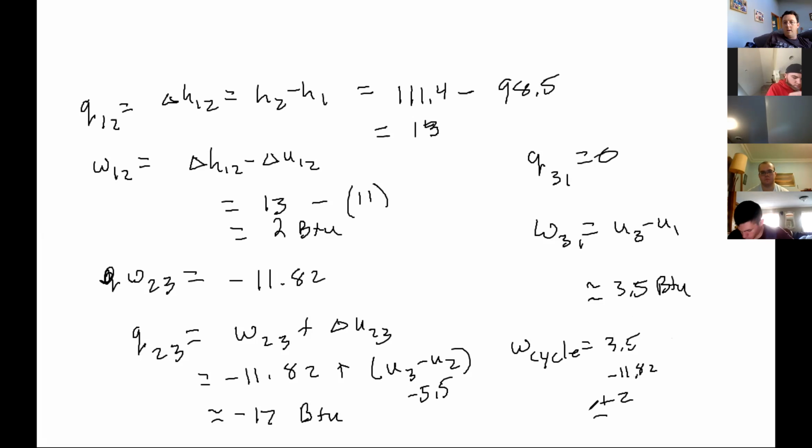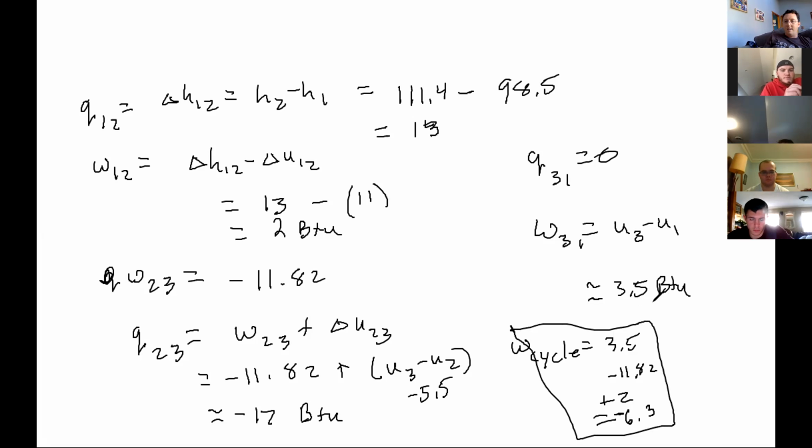So I'm getting a work of 11.82 if I have 5.5, so that's going to be 6.3. Am I doing it right? I don't know. But anyways, it's negative 6 something. So the work is negative, and it's going to add all up. All right. And then the heat, now I've estimated so many times, I can't say it with certainty, but in round numbers, it should be pretty close to negative 6 if I've done this right.